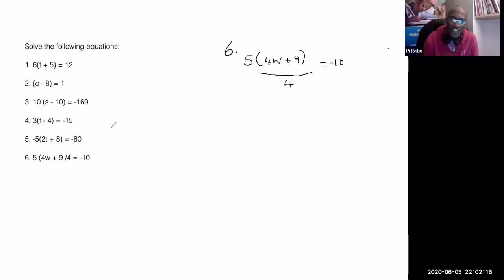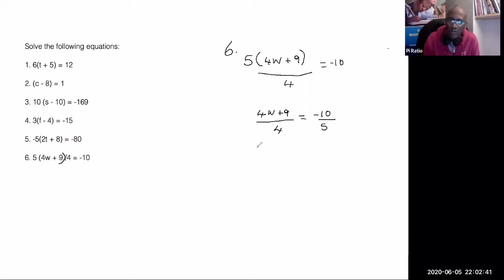Right, so your next line, there should be a bracket here, and it's all divided by 4. Okay, so the next line will read 5 times 4w plus 9 over 4 is equal to minus 10, so 4w plus 9 over 4 is equal to minus 10 over 5.